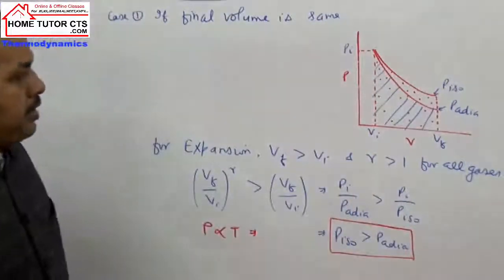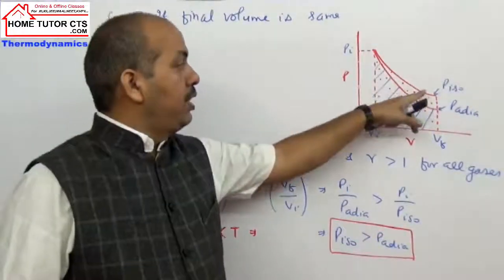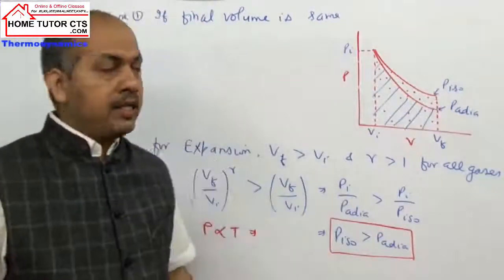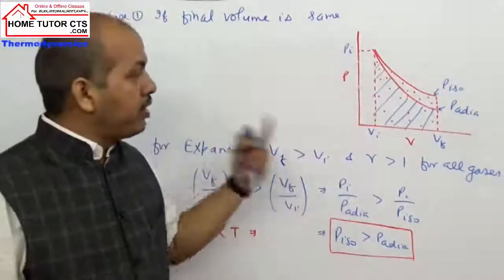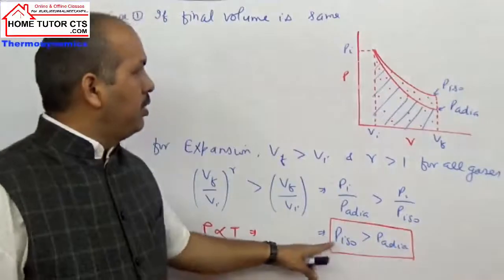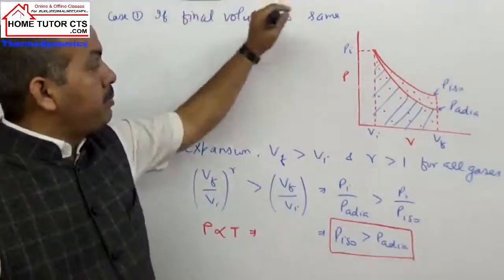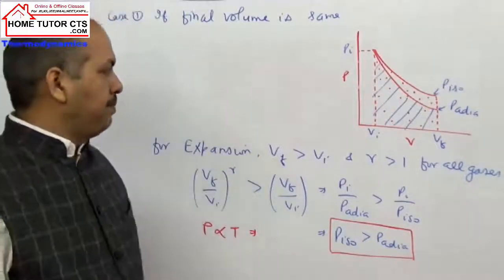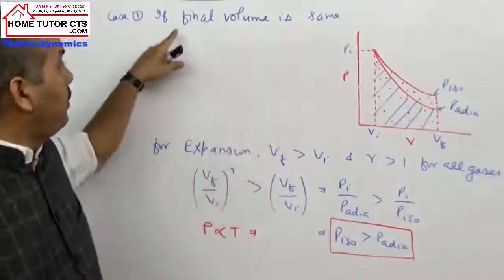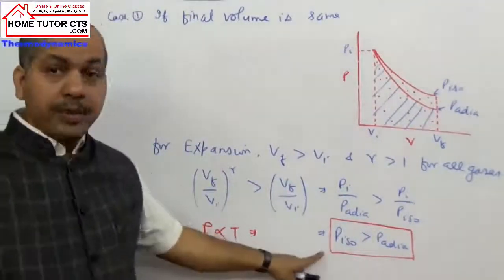So you can see from here the area under the graph is more in case of isothermal expansion as compared to adiabatic expansion, so work done is more in this case. So we can take from this comparison that in isothermal expansion the work done by the gas is more. That is our conclusion for this case if we have the same final volume in both the cases. I hope it is clear.